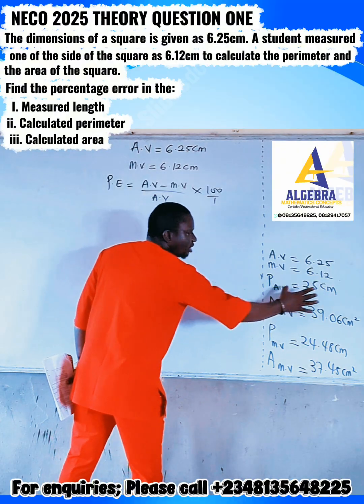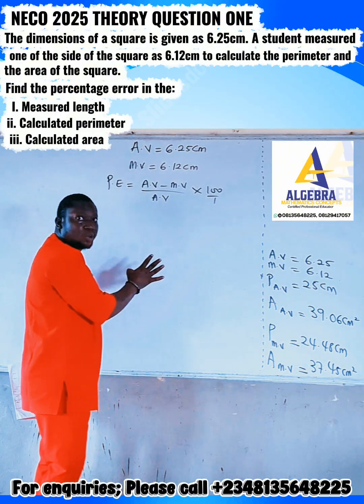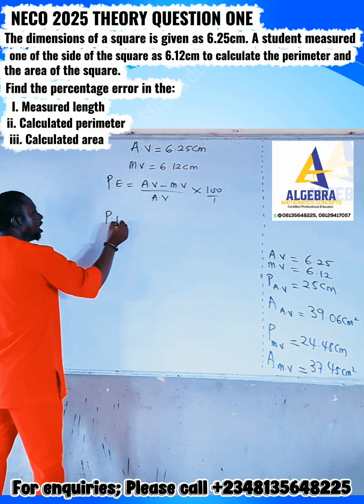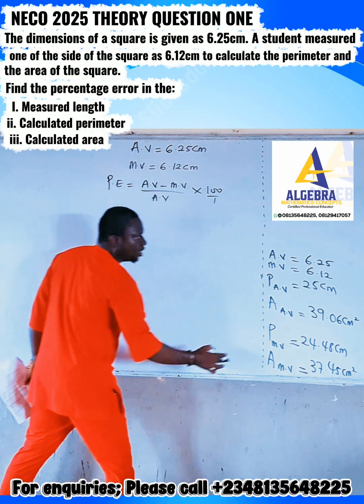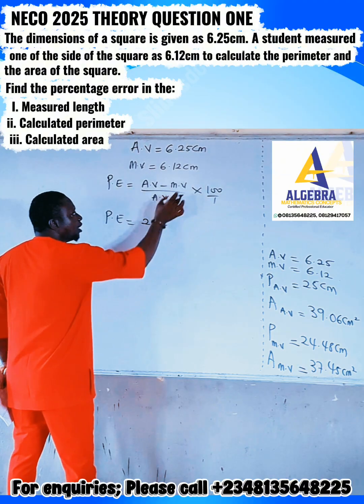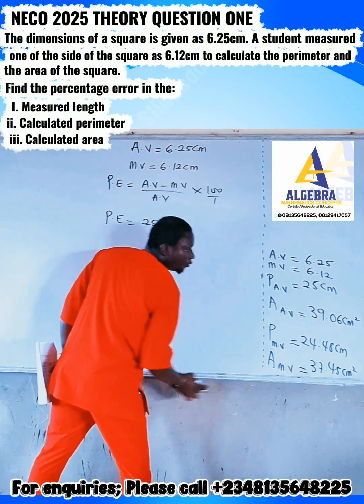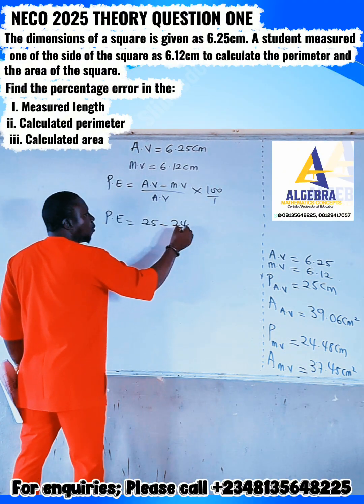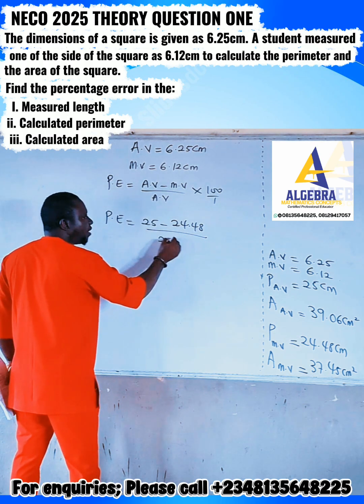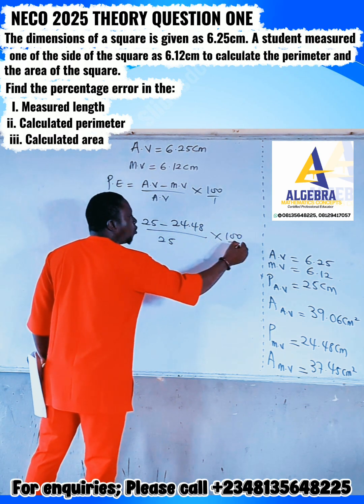So I have percentage error equals actual value 25 minus measured value 24.48, divided by actual value 25, then times 100 over 1.